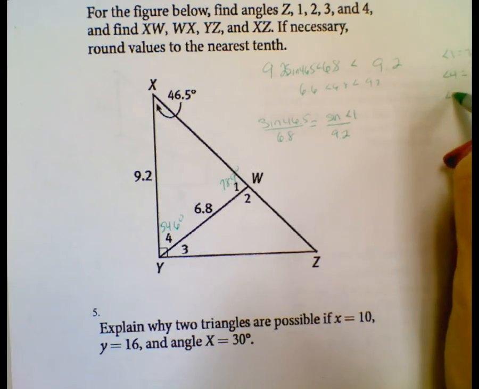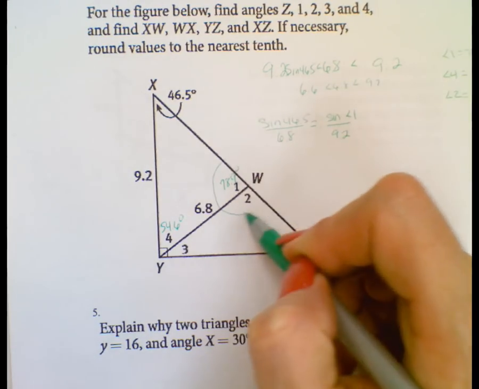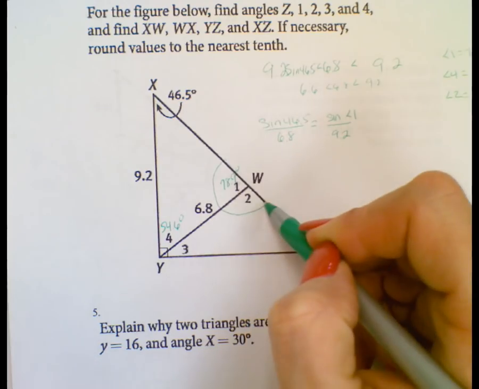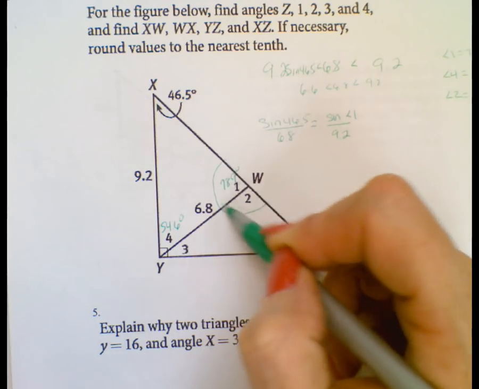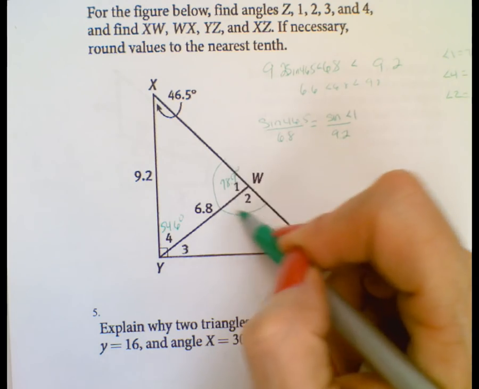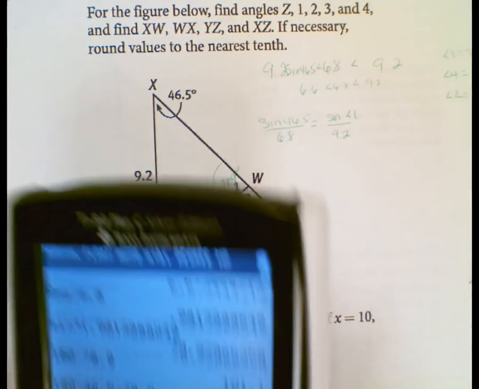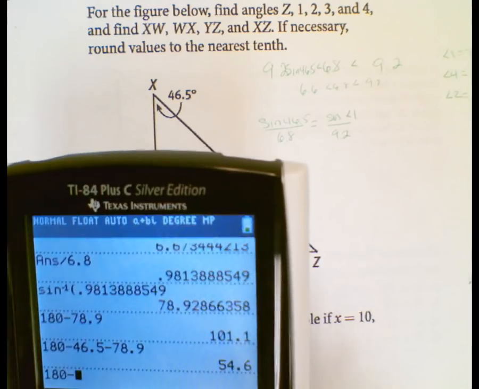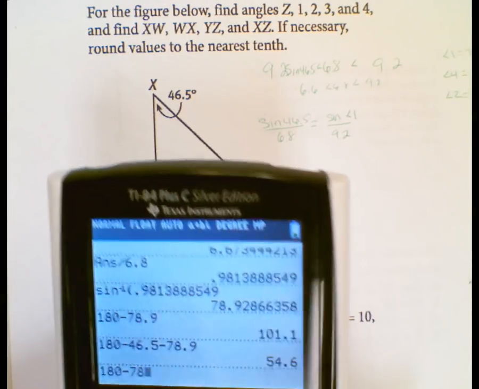Now angle 2 is supplementary with this one because this is a linear line. This is a line, and this is the linear postulate. These 2 angles equal 180. So we're going to have 180 minus 78.9.